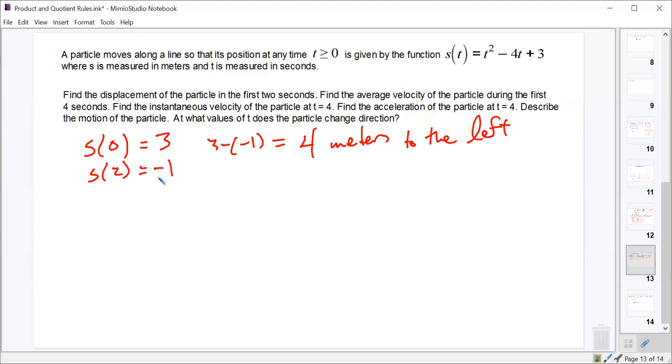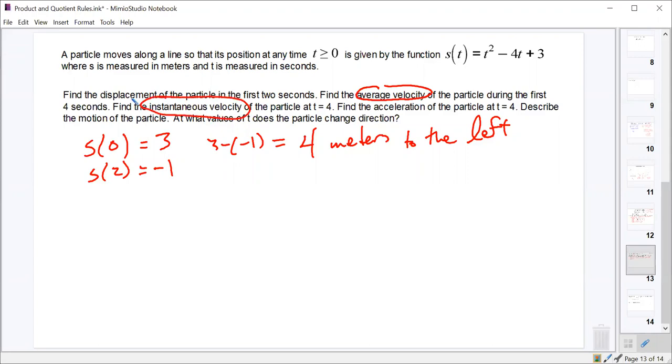Yep. All right, cool. What if we want to find the average velocity of the particle during the first 4 seconds? How are we going to do that? Is this where you would use the derivative, or the velocity function? Not yet, because we're looking at an average velocity. We're going to take the derivative to find the instantaneous velocity.